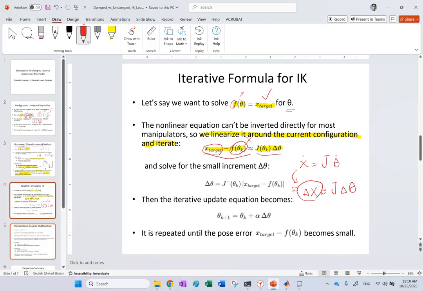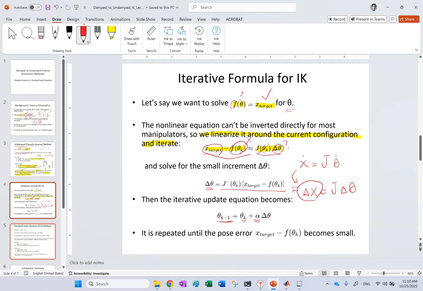Now, if you have this, what would you do? You solve for delta theta. How? You multiply both sides by the pseudo-inverse of J, so J pseudo-inverse times J becomes identity, and you get the pseudo-inverse multiplied by delta X. That is the change in the angle that you need at the moment. Once you have the change in the angle, you multiply that by a learning factor, add it to the previous theta, and you get the new theta.